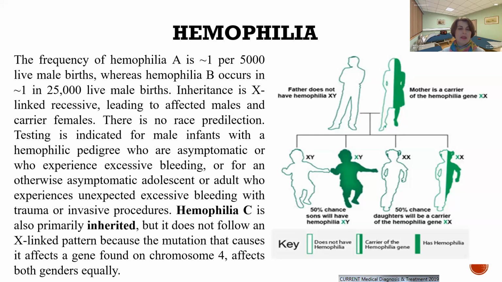Testing is indicated for male infants with a hemophilic pedigree who are asymptomatic or who experience excessive bleeding, or for an otherwise asymptomatic adolescent or adult who experiences unexpected excessive bleeding with trauma or invasive procedure. Hemophilia C is also primarily inherited, but it does not follow an X-linked pattern because the mutation that causes it affects a gene found on chromosome 4, and affects both genders equally.